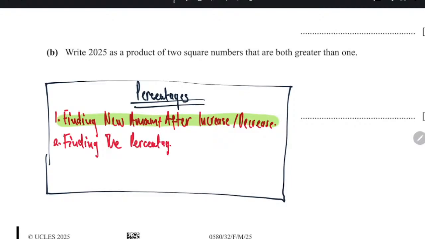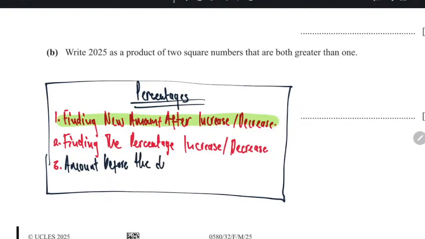So they can ask you to say, please find the percentage increase or the percentage decrease. This is the second. Then the third thing they can ask you is to find the amount before the change. To say this thing is now being sold for $10. It is because they increased the price by 20%. What was the price before they increased? That's the third thing they can ask you.